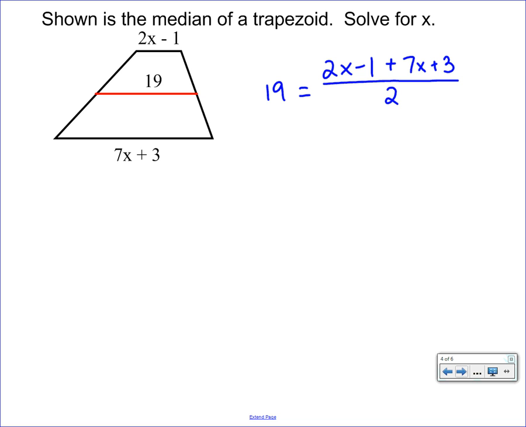I'm going to get rid of that 2 in the denominator, so I'm going to multiply by 2 on both sides. So I have 38 equals, simplifying the top, 9x plus 2. Subtract 2 from both sides, and now I get x to be 4.